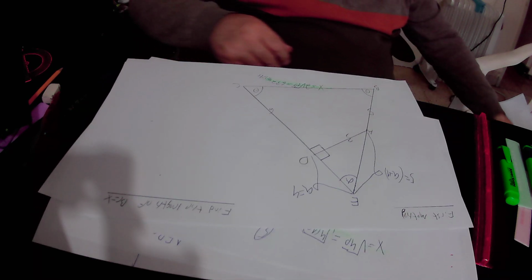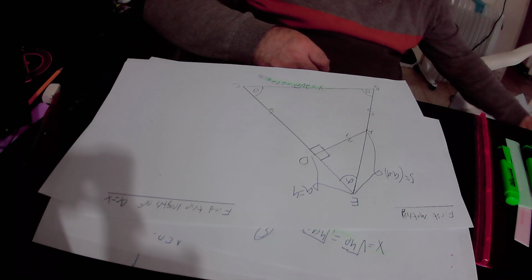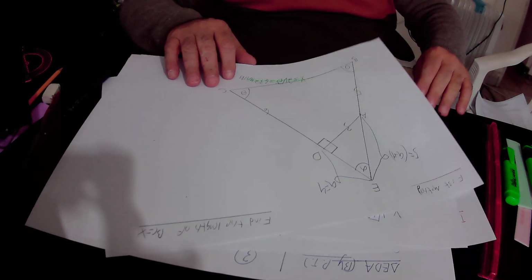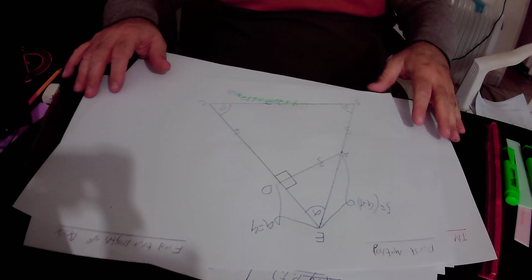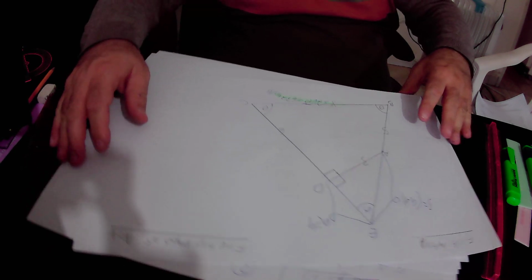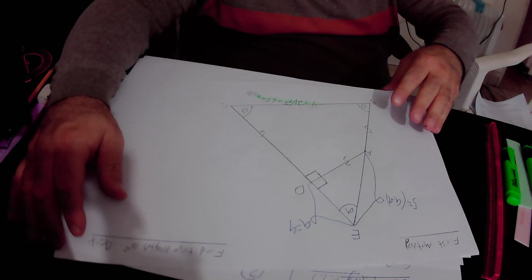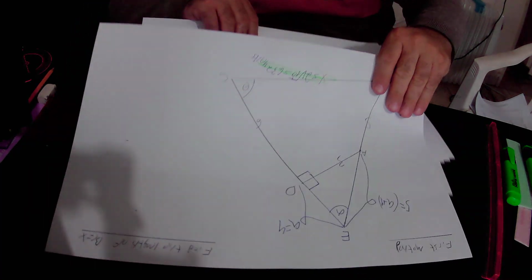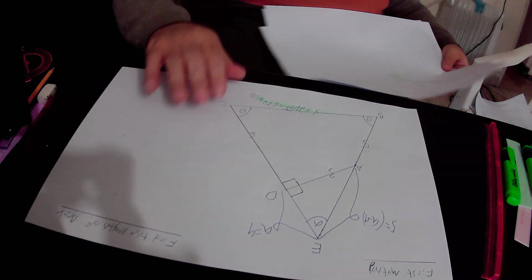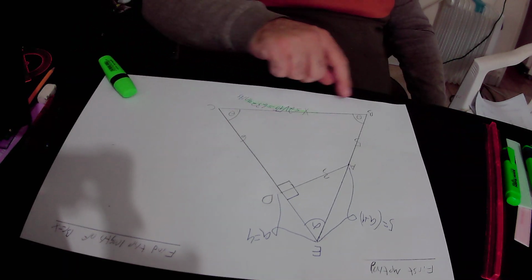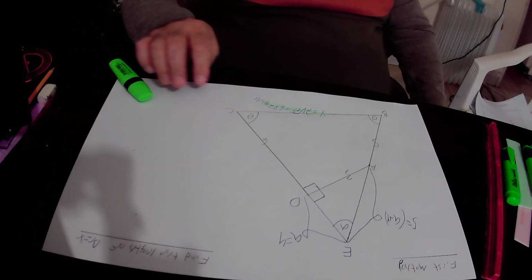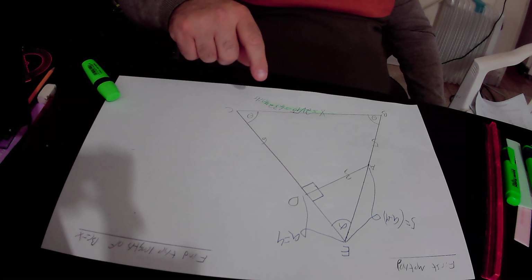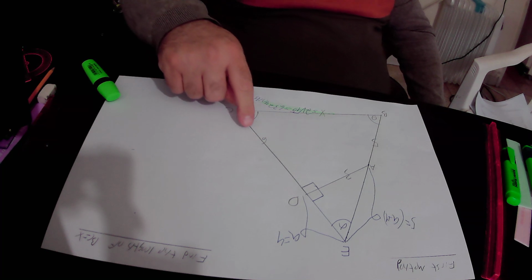So here in the first method, maybe I will repeat also the question itself. We have here quadrilateral ABCD, side AB equals 5 units, side AD equals 3 units, and side DC equals 6 units.